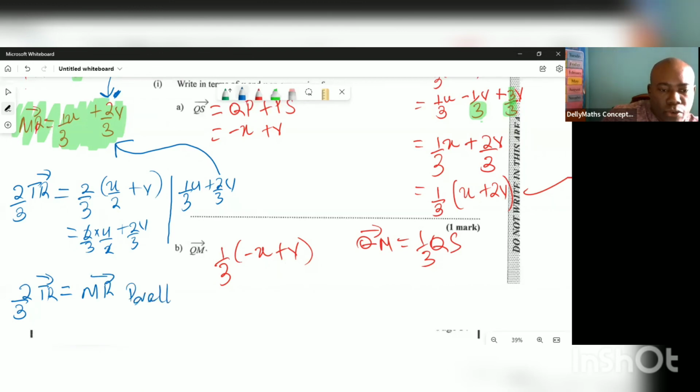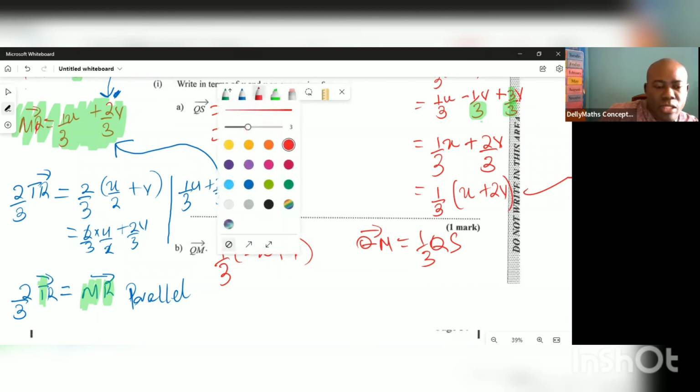So in order to prove collinearity, all you have to do is to use the three letters, T, M, and R, as you could see them here coming out: that's the T, that's the M, that's the R. Find some parallelism between two vectors, and then state that they have a common point.